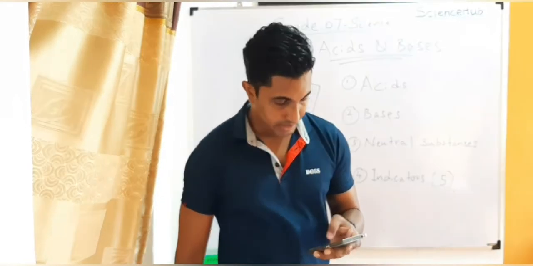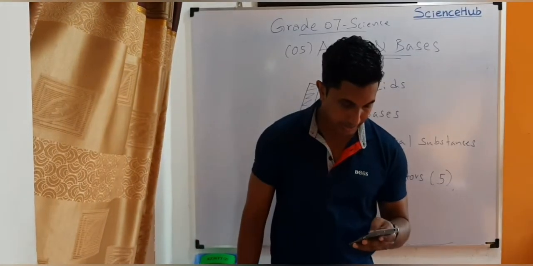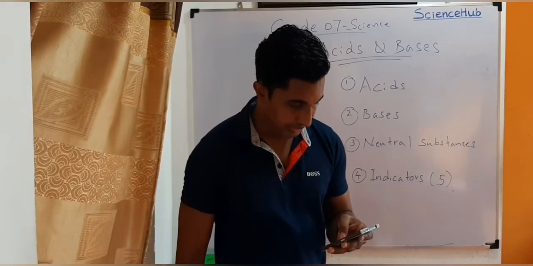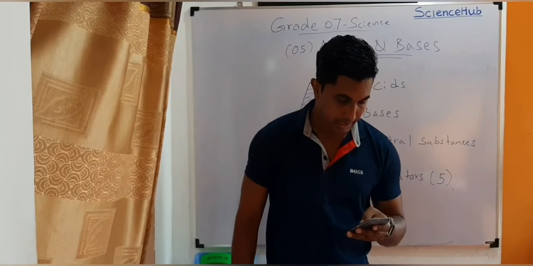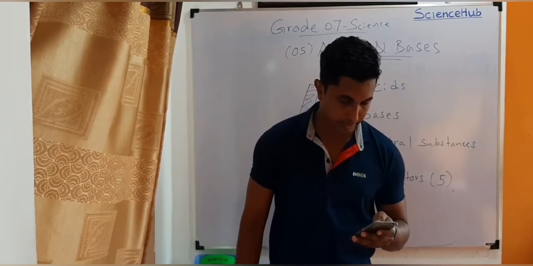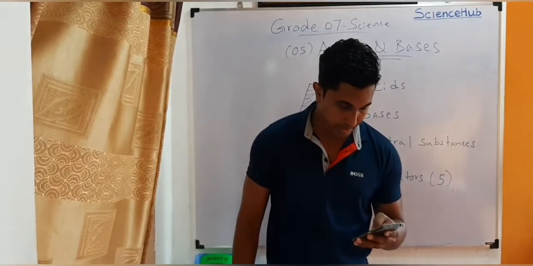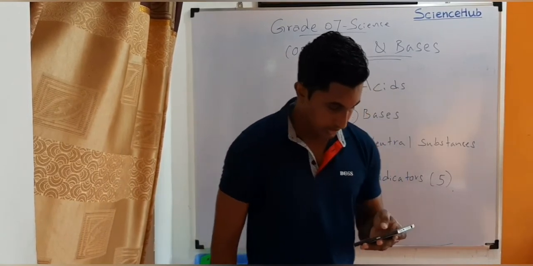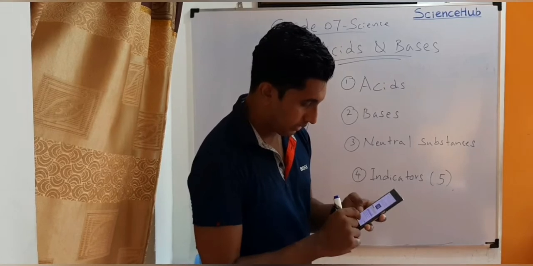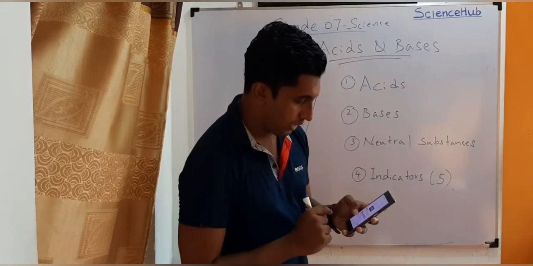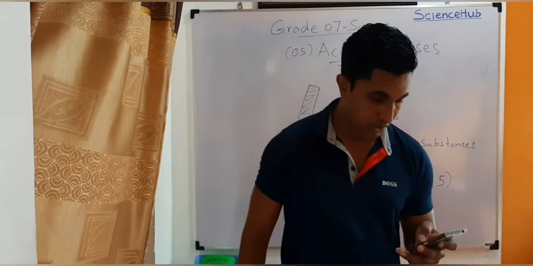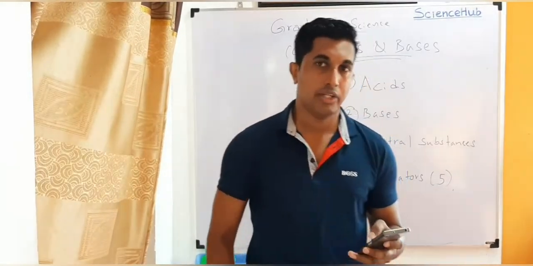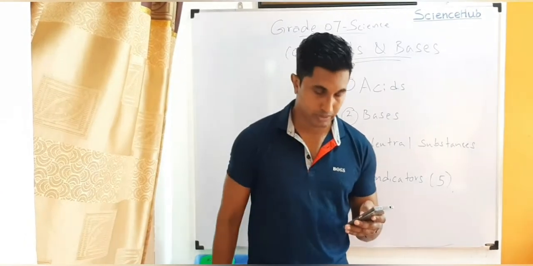You can see the pictures of those things on page 68, where there are pH papers, and on page 65, figure 5.3, where red and blue litmus are shown. You will meet those things at your school lab.